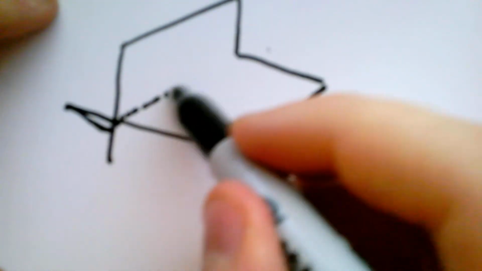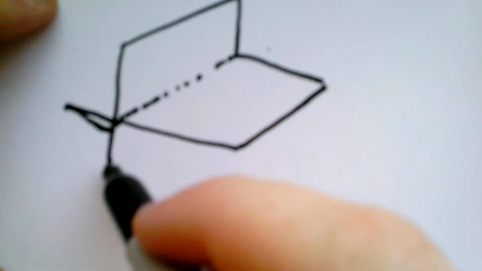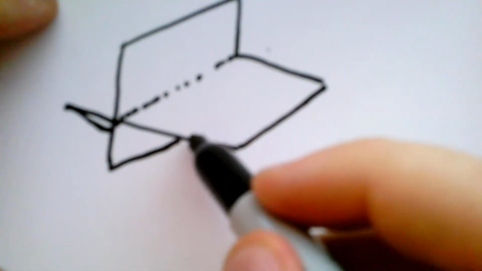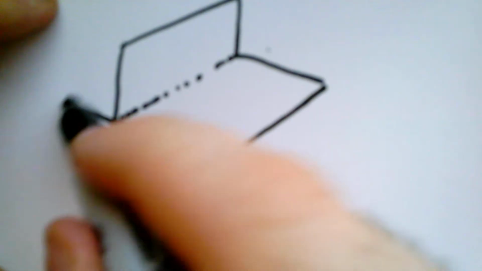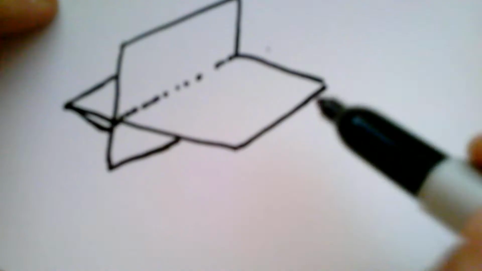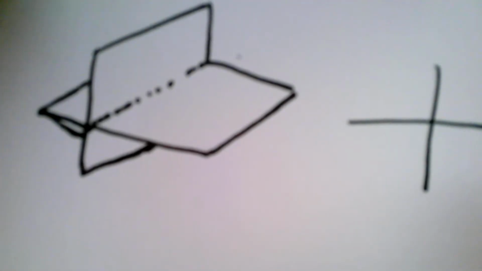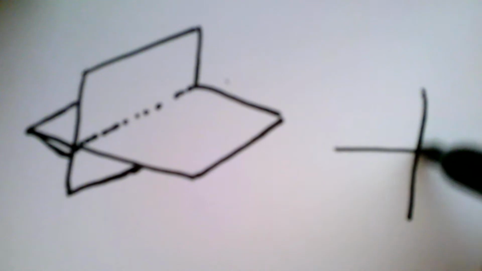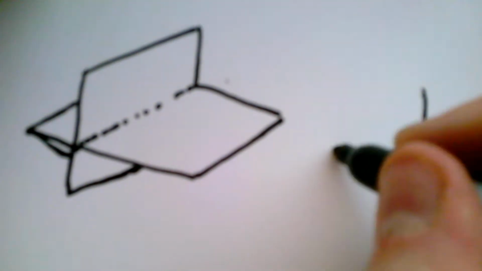This is where they intersect there. So this is our side view of our two planes intersecting, and from head on it looks just like an X, like this. From a diagonal view it looks something like this, where we have one plane hitting another.